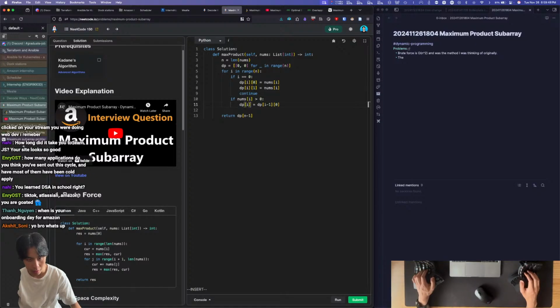And nums of 0, if it's greater than 0, then dp i is this times nums i.